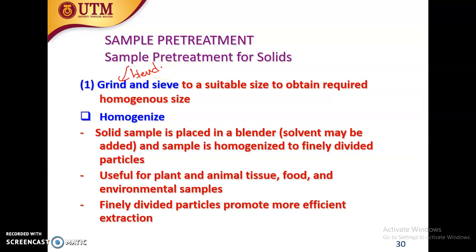After you blend it, you filter it or you sieve it so that you can get the same size. This is the blender that I mentioned, usually useful for animal tissue, food and environmental sample, and finely divided particle will promote more efficient extraction.